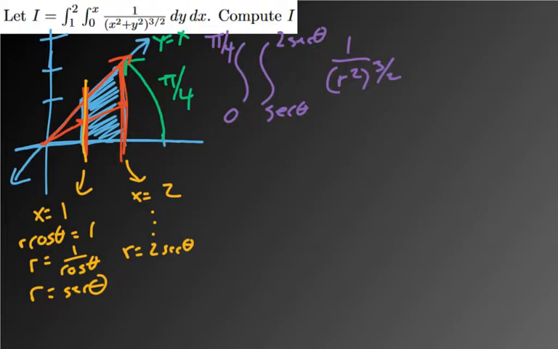And then I have an r dr d theta for my dy dx conversion. So the 2's cancel, and I get r cubed, but then I have this other one right here. So really, the problem simplifies to this.